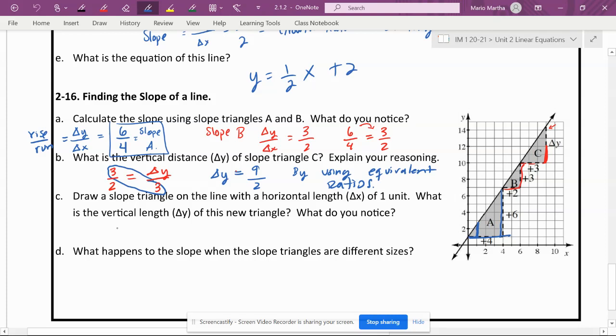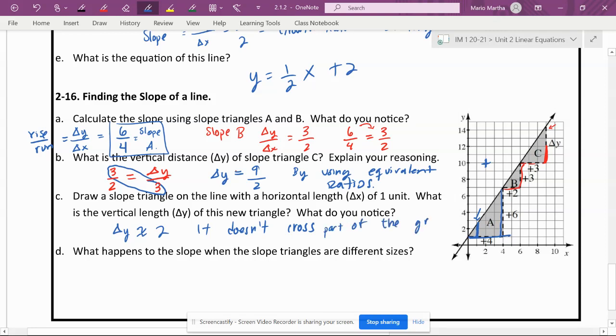Delta y is closer to 2. So that's approximately 2. Again, if you look at it right there, it doesn't cross an easy point, it doesn't cross part of the grid.